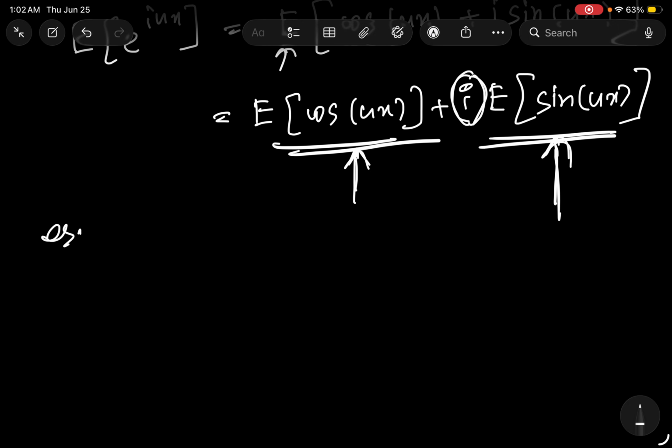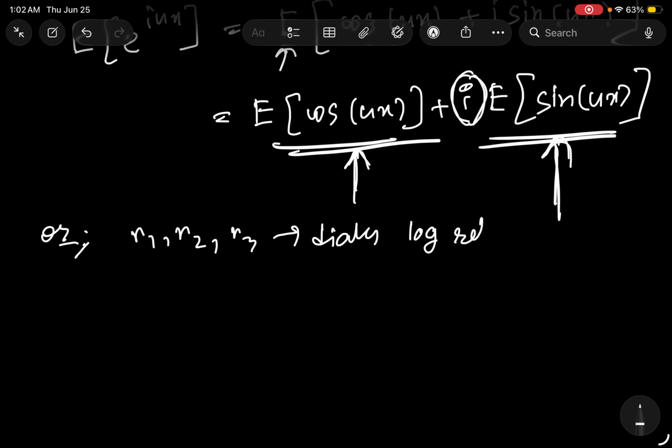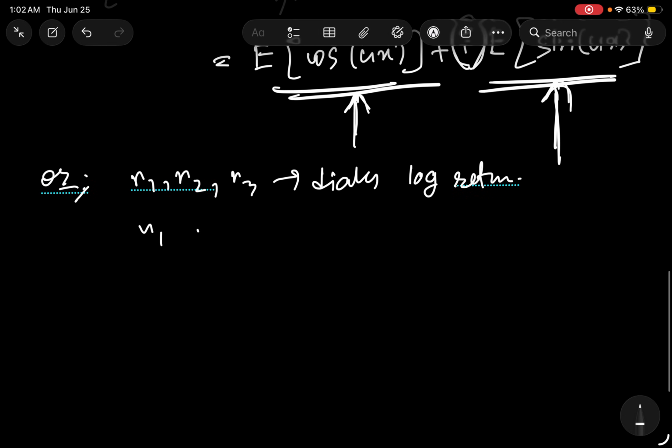One example: let's say I tell you that R1, R2, R3 are daily log returns of a stock.